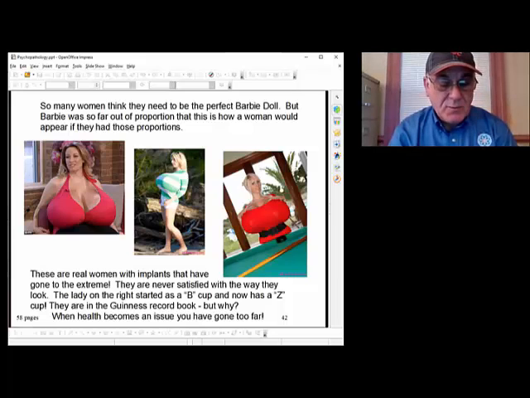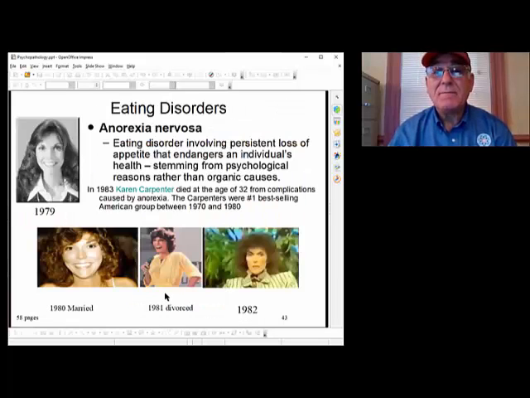So we're pushed by advertising to look a particular way, and if we fall into that trap, then we can hurt ourselves. Don't fall into the trap. You are wonderful, wonderful people, the way you look. Beauty is in the eye of the beholder. And we'll talk about that also when we get to the social psychology section as well.